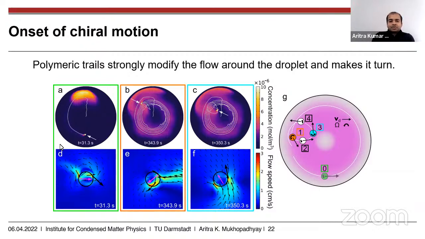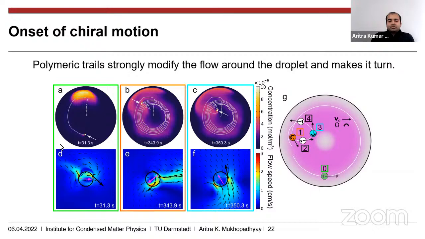This is also what is shown in a schematic figure over here. Initially, you have the droplet moving in the ballistic phase, shown in the green arrow, and at later times, the droplet undergoes a strong angular force or torque at points 1 and 3, which makes it turn back, and so starts the chiral motion of the droplet.